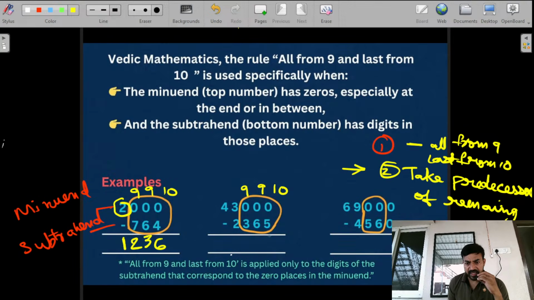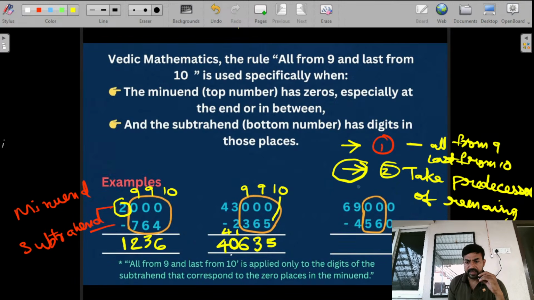So 10 minus 5, you have to subtract like this. 10 minus 5, 5. 9 minus 6, 3. 9 minus 3, 6. Here 43 minus 2, of course 41. That means 3 minus 2, 1, and this is 4. But you have to take 40. When you apply rule 1, you have to apply rule 2 also.